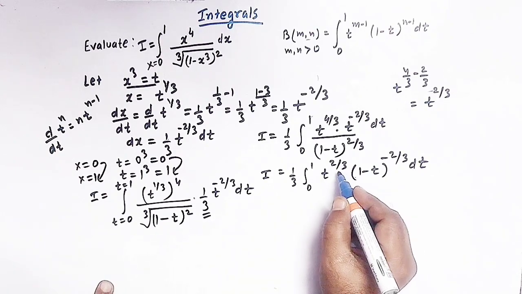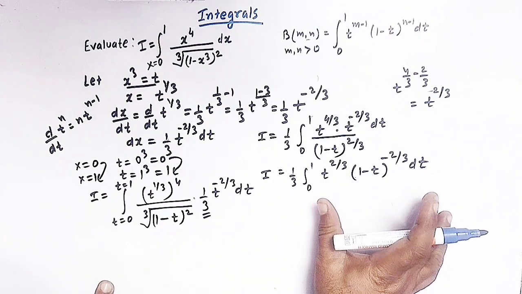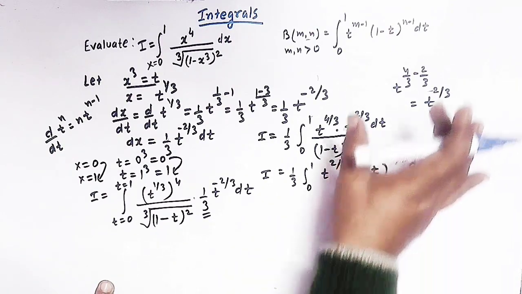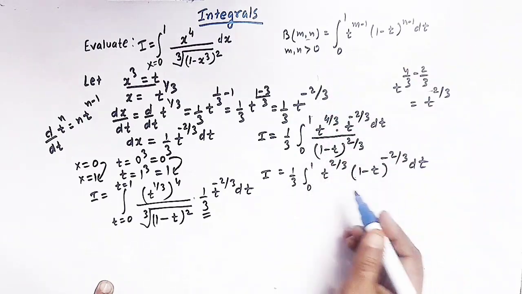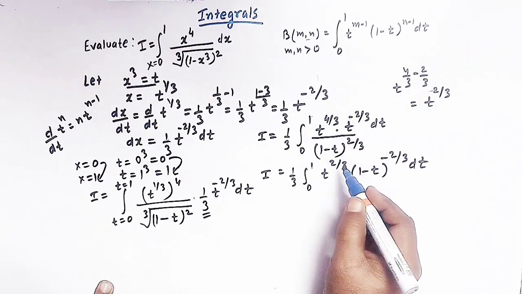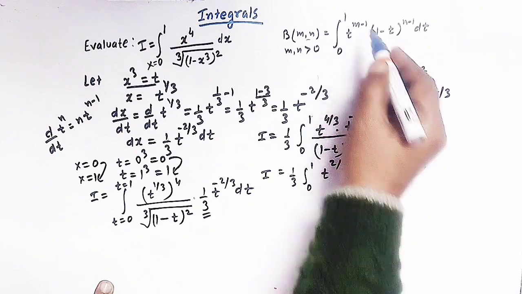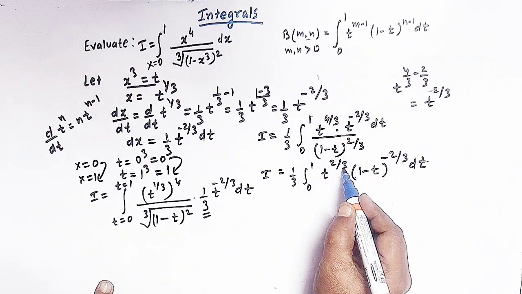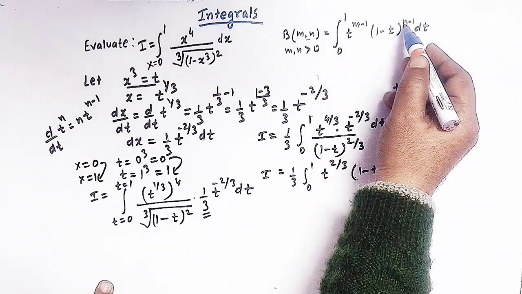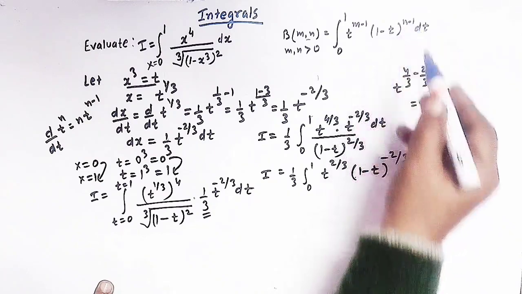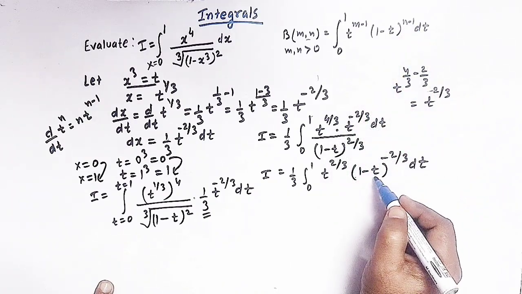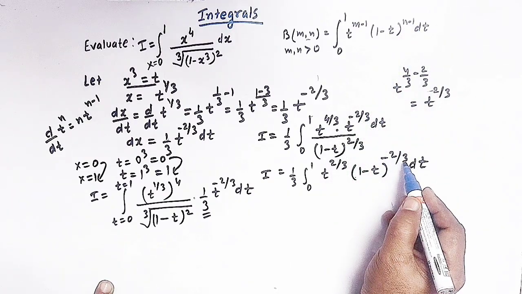So now what we have to do, if we see this integral and this integral, then we can easily conclude that here we have m minus 1, and here we have 2 over 3, and here we have (1 minus t) raised to n minus 1, and here we have (1 minus t) raised to minus 2 over 3.